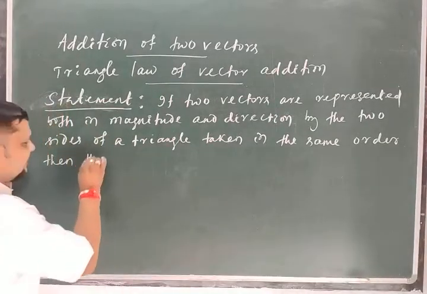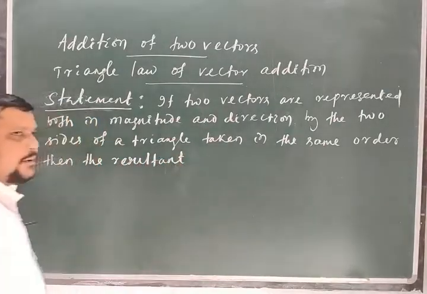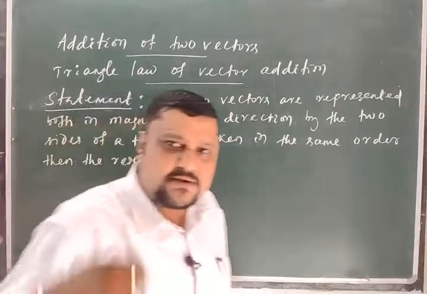Then the resultant, which is a vector, the summation of the two vectors is again a vector.